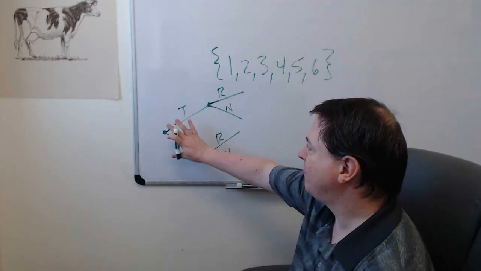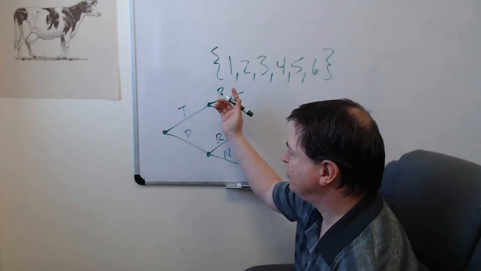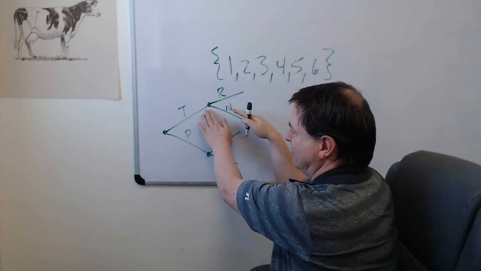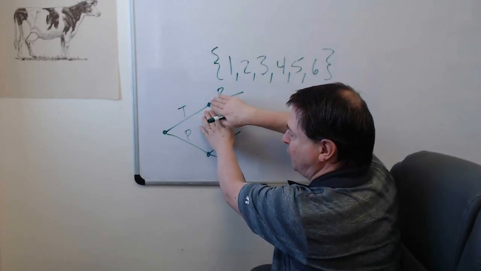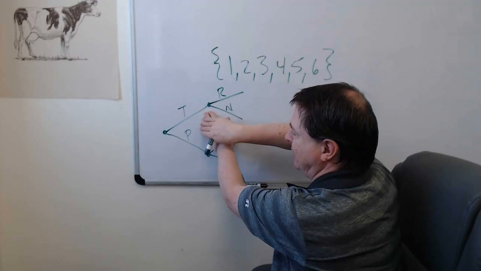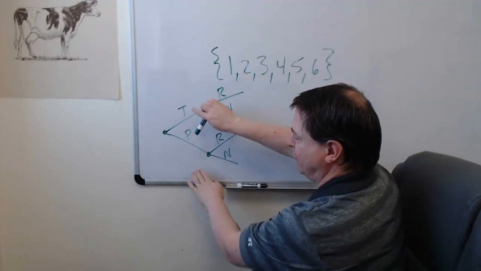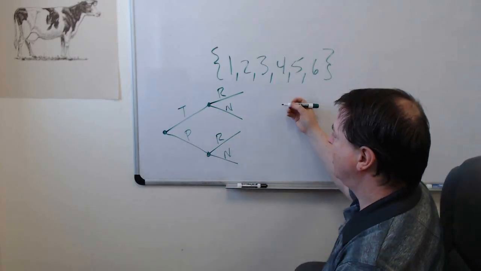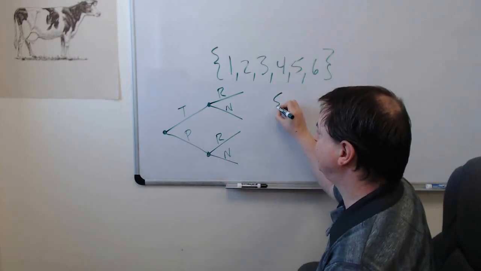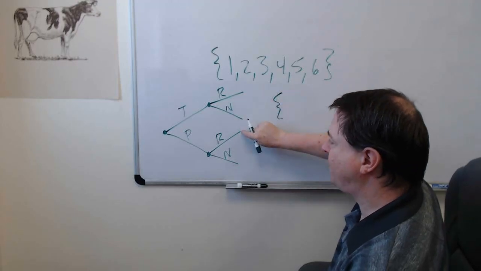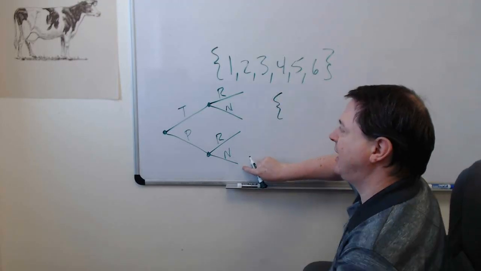Now that I've written this out in individual steps, knowing which branch they were on, treatment or placebo, and whether they get remission or not for each of those two possibilities, we can write out a sample space. I'm just going to go one by one down each of these four possibilities.